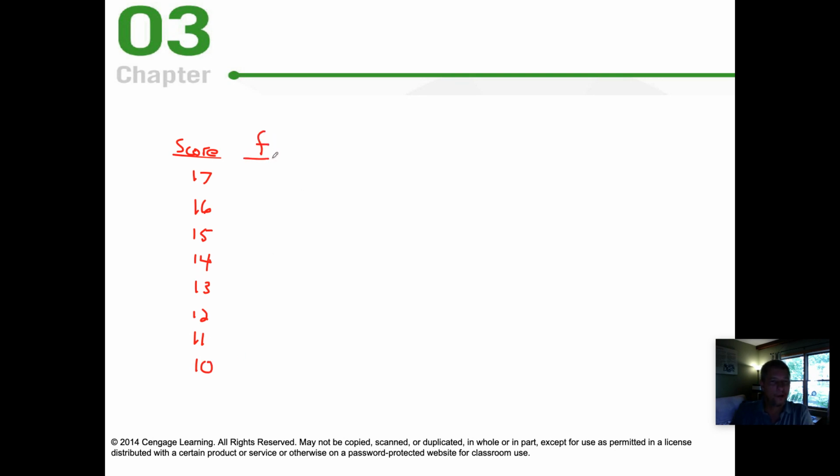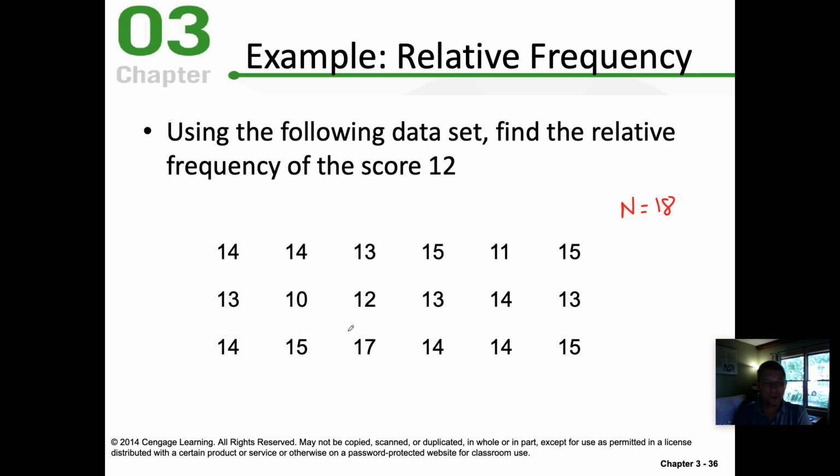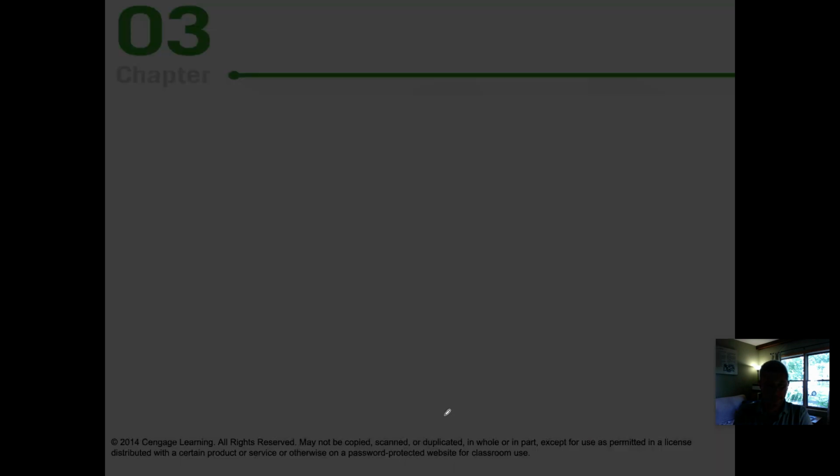We'll calculate the frequency. Now, I remember that there was only one 17 and there were no 16s. I remember that right from the data set. So there's the 17 and there's no 16s here. There are 1, 2, 3, 4 15s.